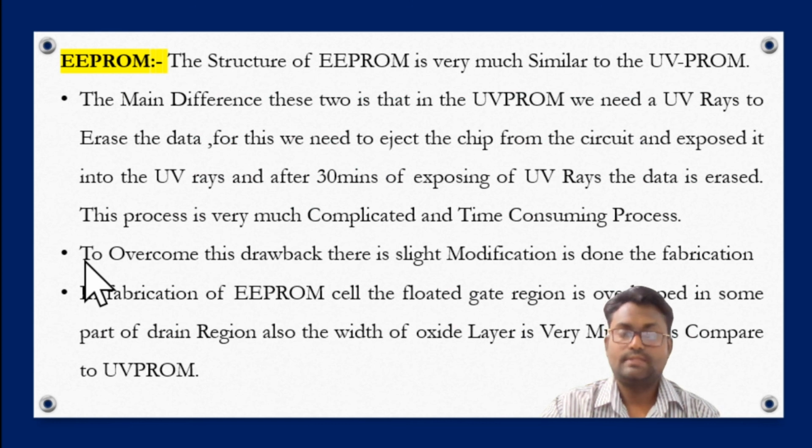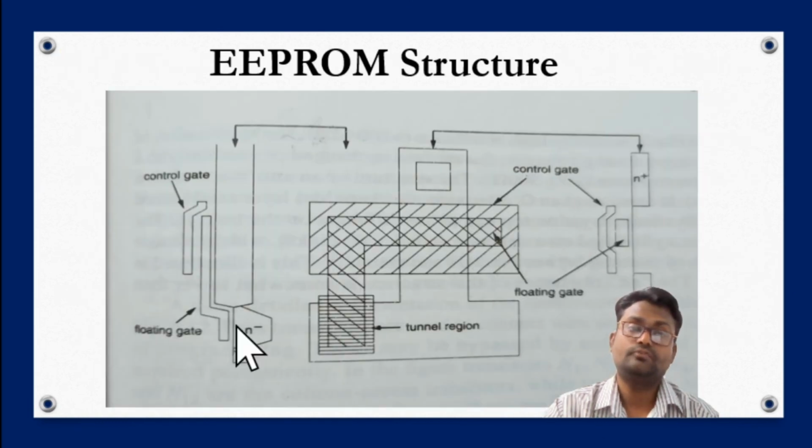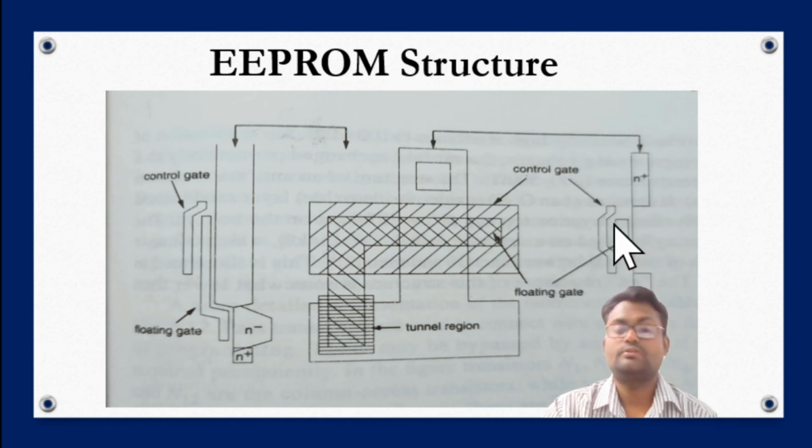So the next point is, to overcome this drawback, a slight modification is done in the fabrication. What modification is done in the EEPROM structure? When we make the floating gate structure and the control gate structure, some portion of the gate is overlapped with the drain structure.